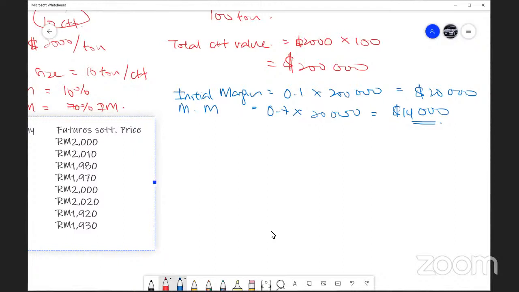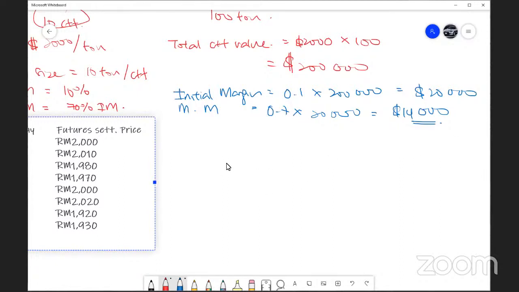So these are the information given to you. Do all this calculation, then you can start your day-to-day marking to market adjustment.